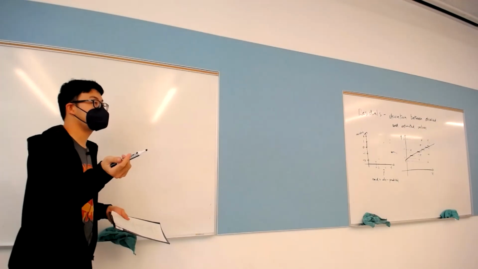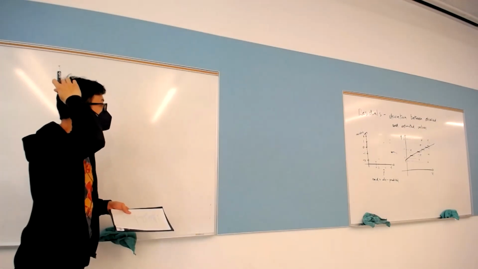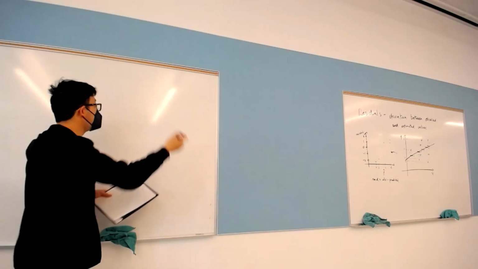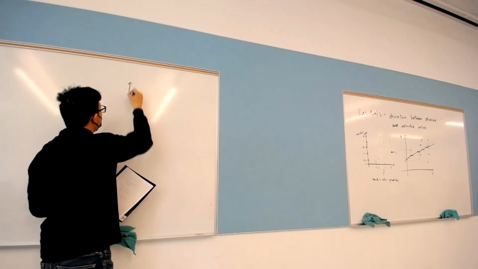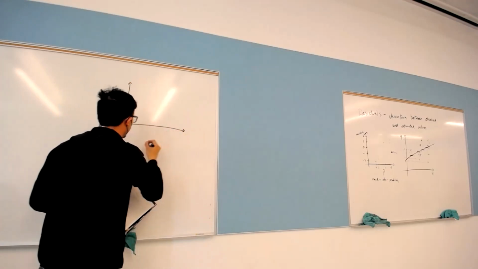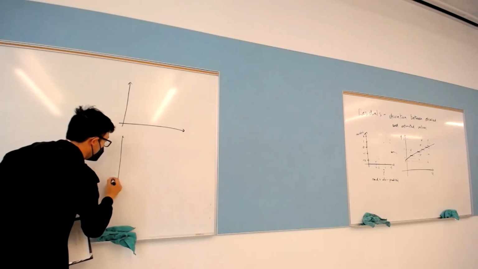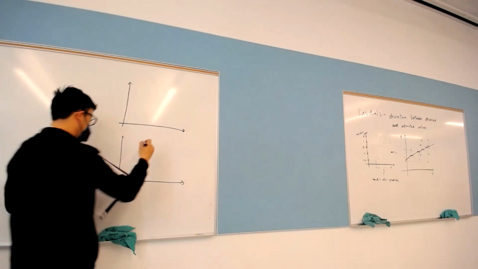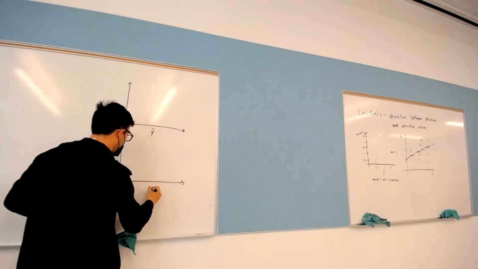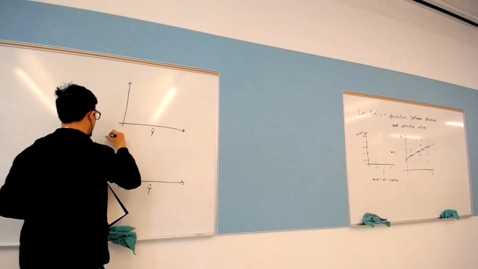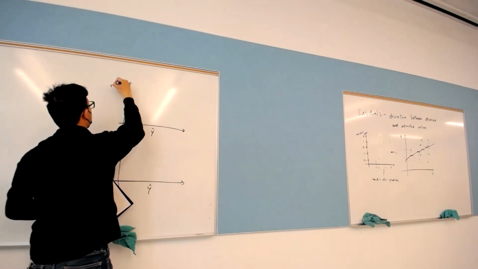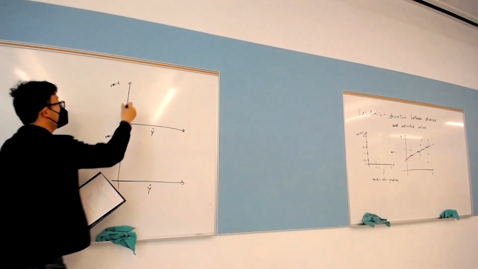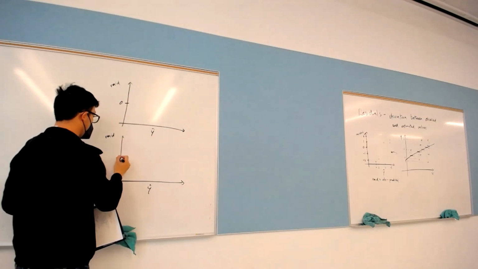Okay, so let's think about this sort of conceptually. I'm going to draw two sort of residual plots. Okay, and let's say these are 0.